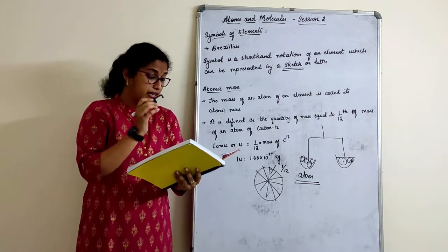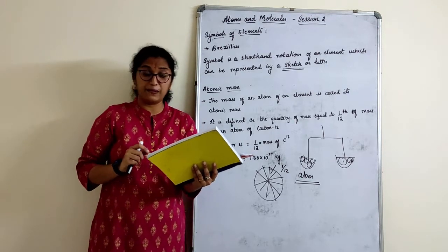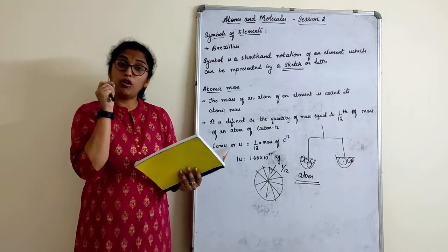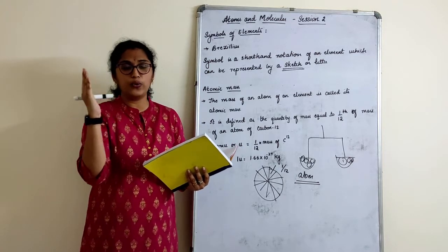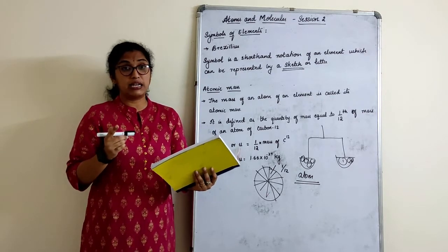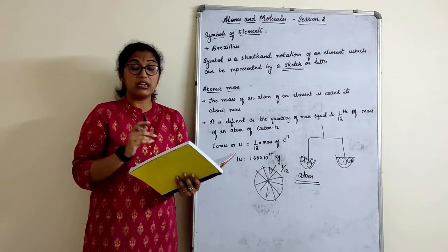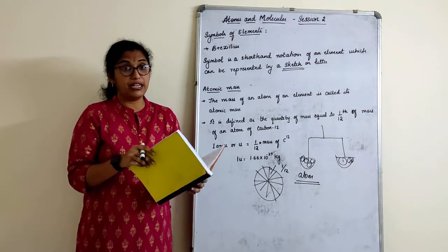Almost most of them will come in decimals. Like, see, chlorine is given as 35.5. Even some other elements will also come in decimals. We just round off to the nearest one and the standard values are given. These standard values are present in all books. So these are the atomic masses of an element.